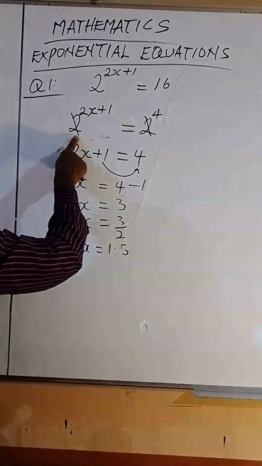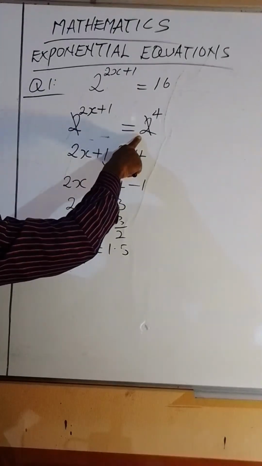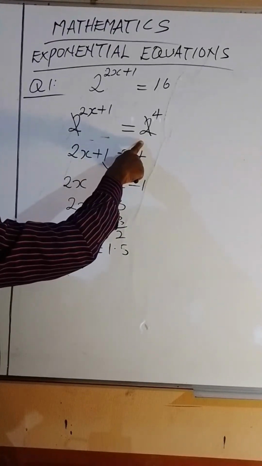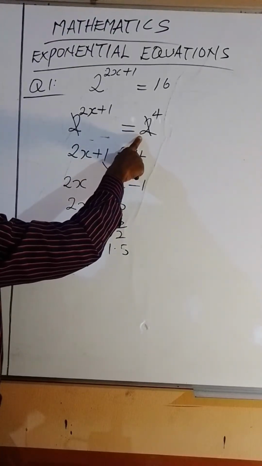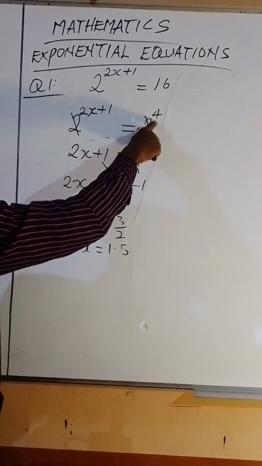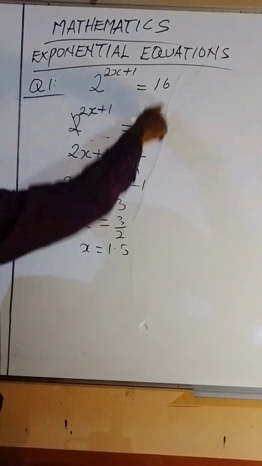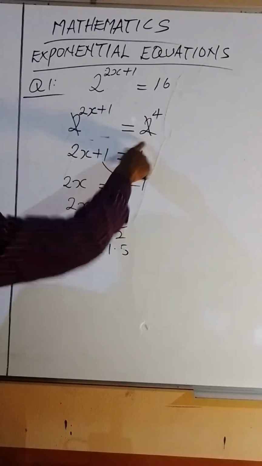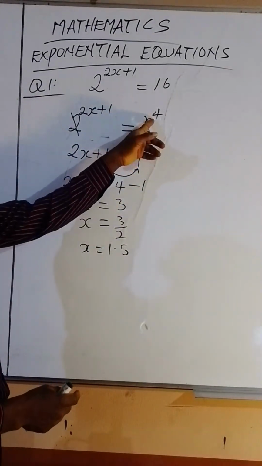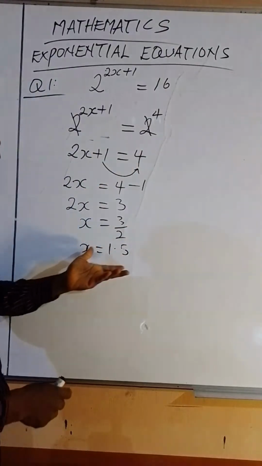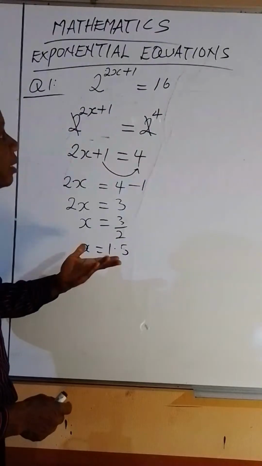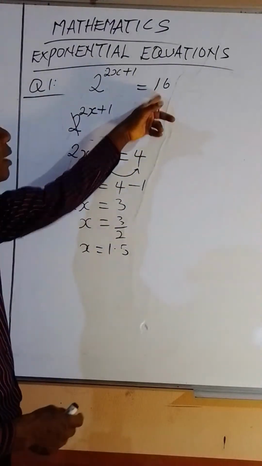Since we have 2 here, we can make this 2 such that we can cancel these 2. But before we can do that, we'll look for an exponent that will be on these 2 so that we can obtain 16 when we evaluate this. And that exponent is 4, because 2 times 2 is 4, times 2 is 8, then times 2 again, we get 16. So that is 4.